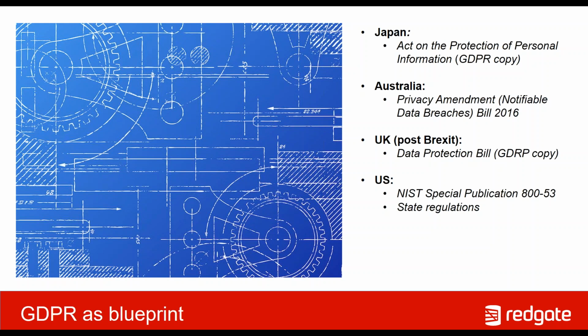So Japan has pretty much duplicated the General Data Protection Regulation of the EU, so as to minimize friction when trading and when exchanging data with European bodies. Australia has taken many of the similar concerns, although that's labelled a 2016 bill. I believe that was passed in November 2017.